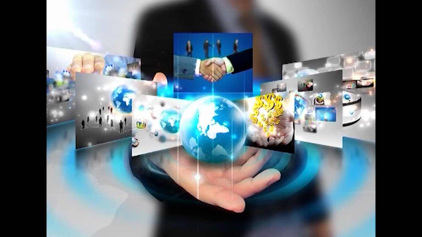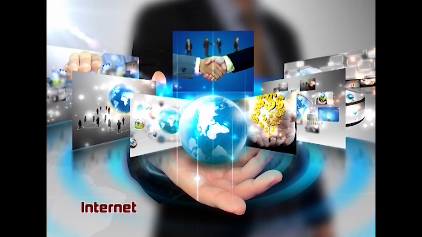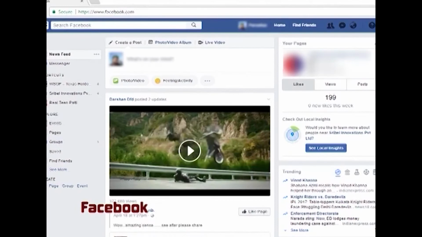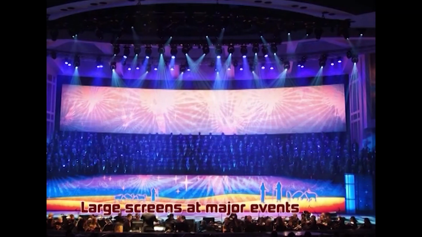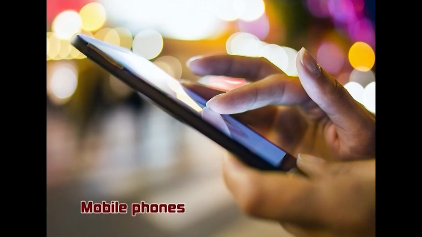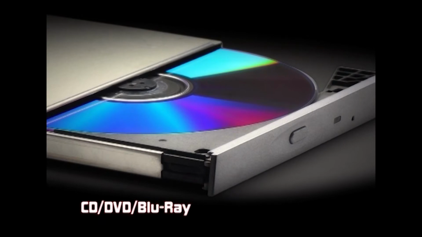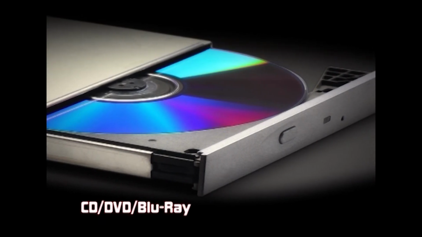There are growing numbers of media platforms on which the product can be seen: the internet, Facebook, a website, a company intranet, large screens at major events, television sets, or possibly mobile phones, CD, DVD, Blu-rays. Now the list is endless.